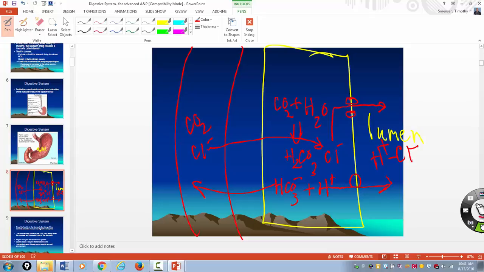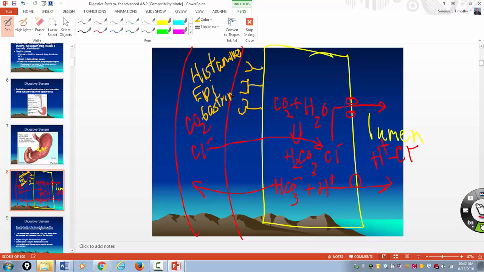And what pumps those hydrogen ions, and a hydrogen ion is the same thing as a proton, are these proton pumps. Now, if you also learned, there are little receptors on parietal cells, and they will receive chemicals. The chemicals that will increase the production of hydrochloric acid are histamines, epinephrine, adrenaline, and gastrin.